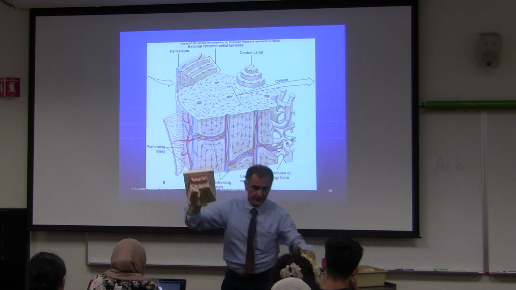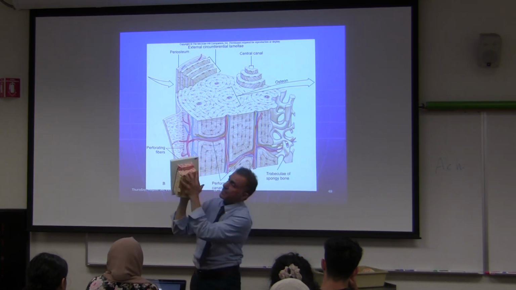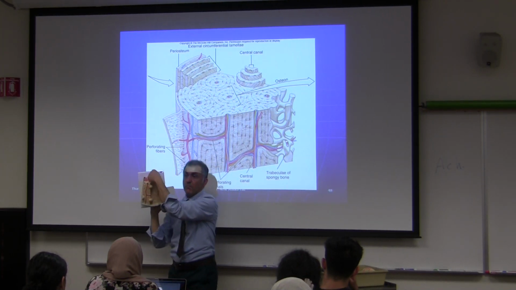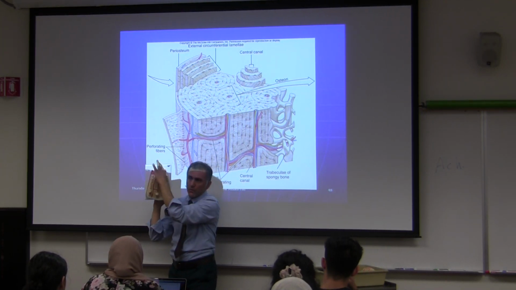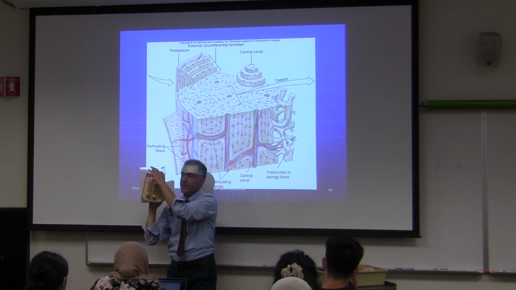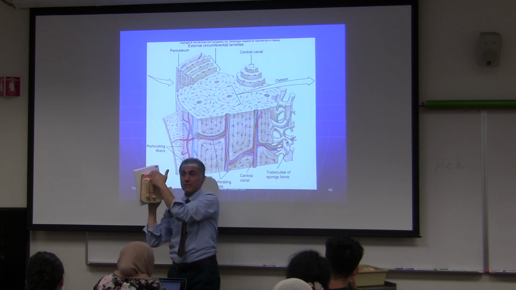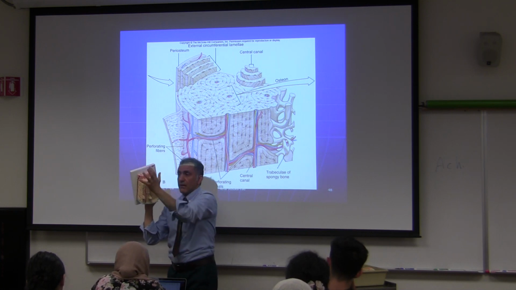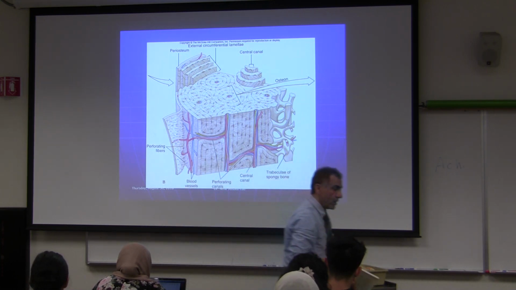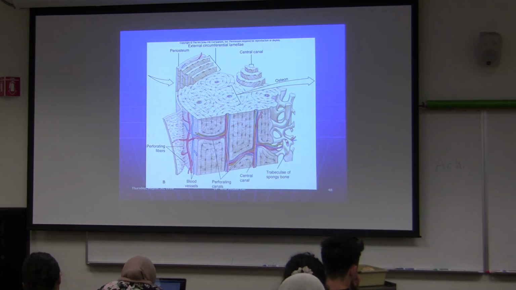Remember, it goes around, and inside, right here, is bone marrow. Of course, you have spongy bone. We do not have a slide of it. I'm not going to show you anything about that. When I took histology, I had a slide of it. But right now, you don't have to worry about it. But the compact bone right here, you have to worry about it. Okay? So what are the components? What is the anatomy of the compact bone?